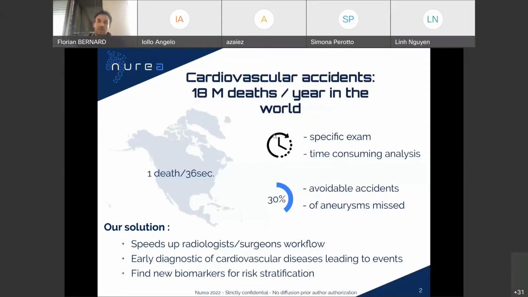The way to do that is first to provide tools that give them the standard of care, extracting the clinical indicators they are used to having at their disposal to decide, but then go further using, for example, biomarkers to help stratify the risk of accidents. I think that's where biomechanics can play a role, and I will try to explain which role it can play and what needs to be done to use it in clinical routine.